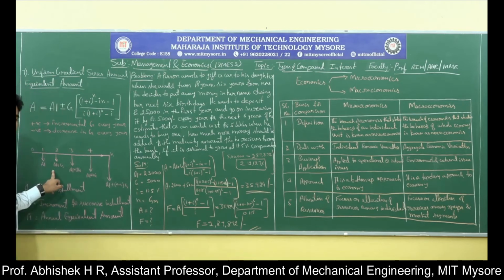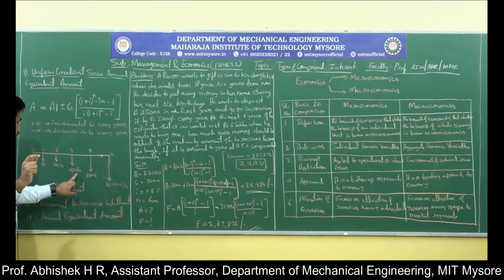The cash flow diagram will be, since we are paying the installment amount, which means cash outflow, the arrow mark should be in the downward direction. In the first year, A1 is the very first installment amount, then A2 is A1 plus G, the first installment amount plus the successive amount that you should add, whatever it may be, 5,000, 10,000, 50,000.